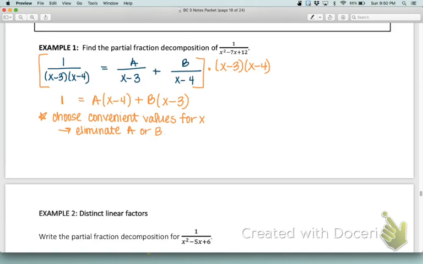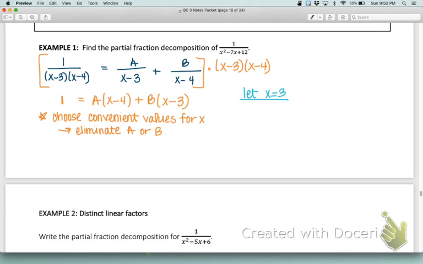Okay. So, for example, I'm going to say let x equal 3. Because when I let x equal 3, that makes it a times x minus 4 plus b times 0.